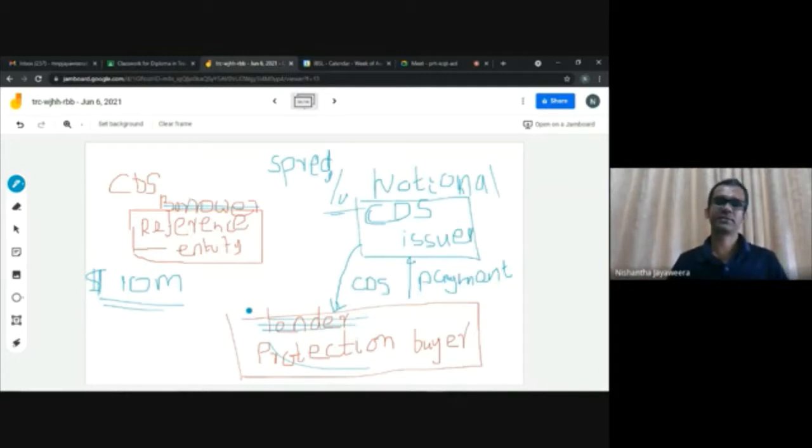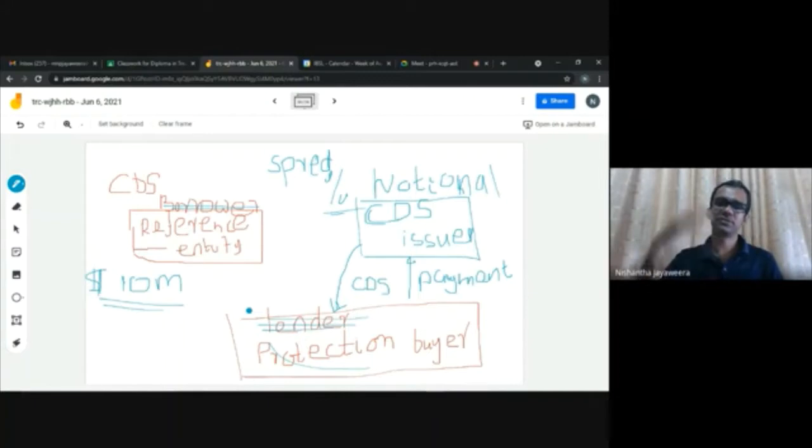At the time of buying, the protection buyer pays the premium. Then, just like you buy insurance, you just stay. If something goes wrong, you make your claim and the protection seller will make the compensation.